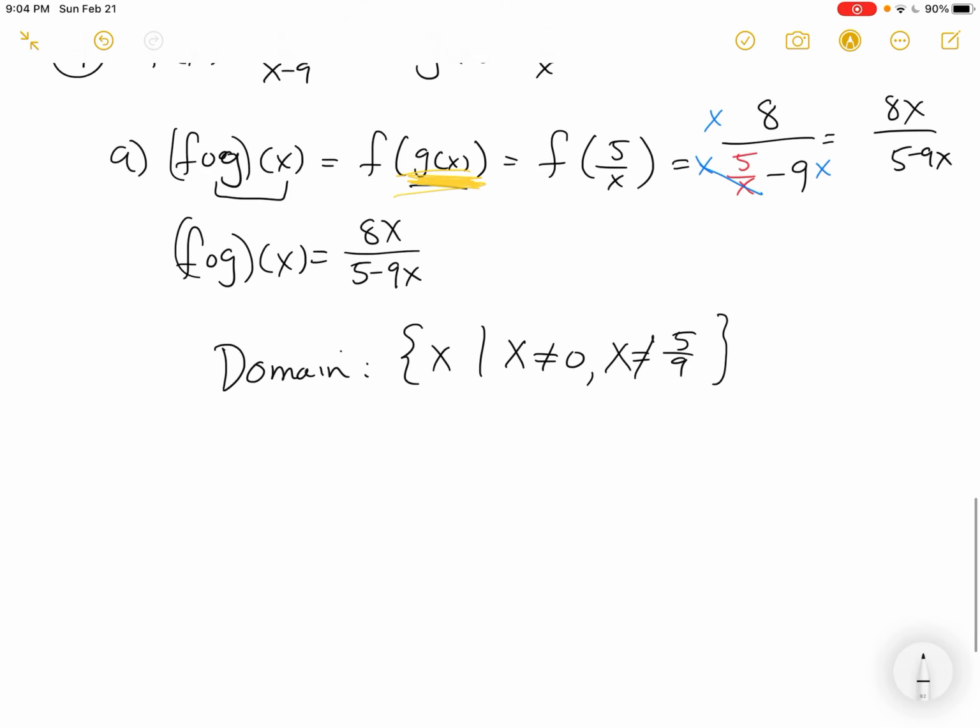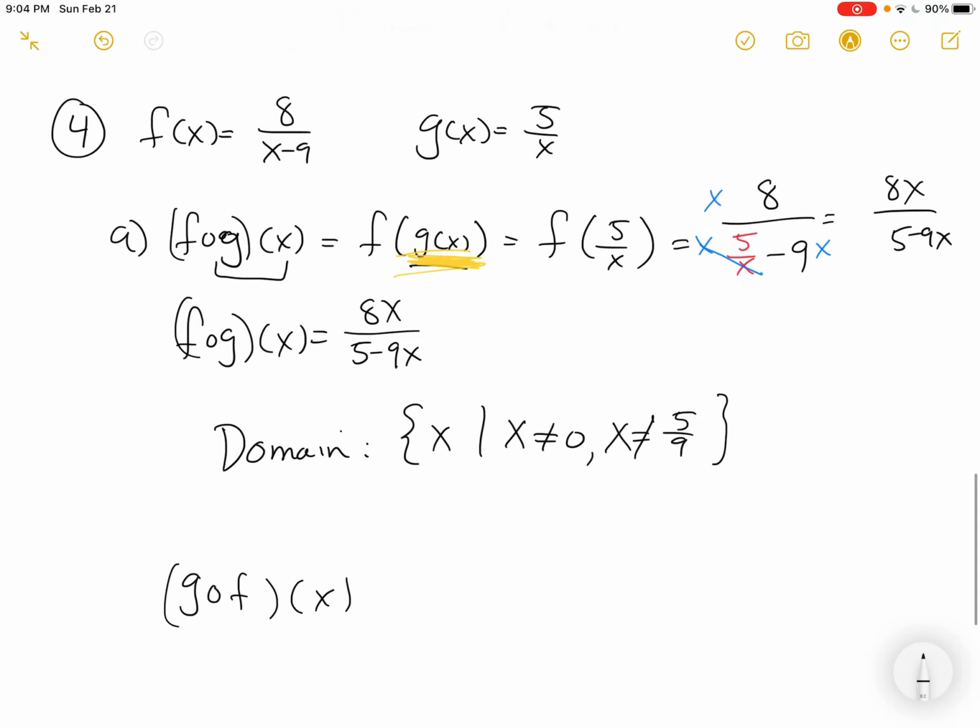That nice. Let's look at g composed with f of x. I'll try to bring this down a little bit. We know what that is. That's g composed with f of x, or g of f of x. We know that f of x is 8 over x minus 9.